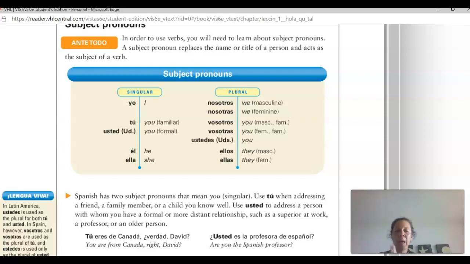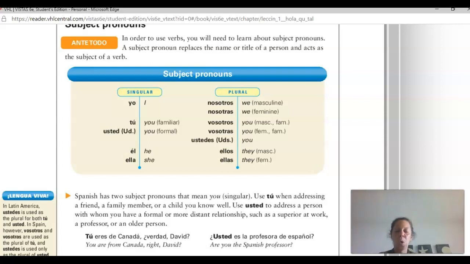Now, yo means I. And then you is tú. And then usted is the formal approach. Él, ella, masculine, feminine. And then nosotros, we, in a group. Nosotras, a group that is only feminine, and I'm included. I'm a female too. Vosotros, vosotras, that's the informal way to say you all.